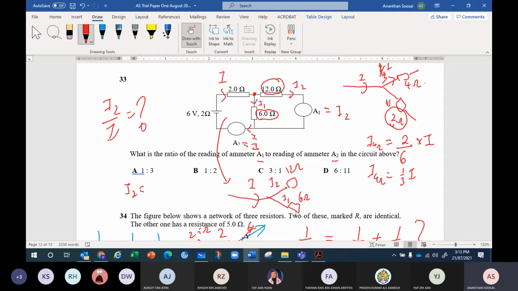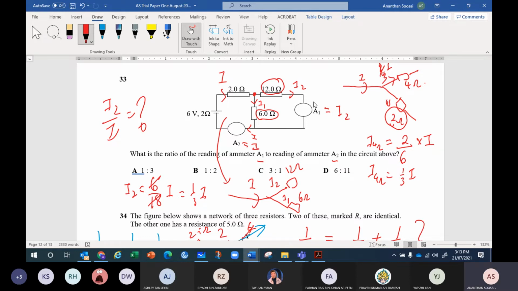Take the opposite resistance, 6, over the total resistance, 12 plus 6, 18, times I. So I2 is 6 over 18 of I, which simplifies to 1/3 I.